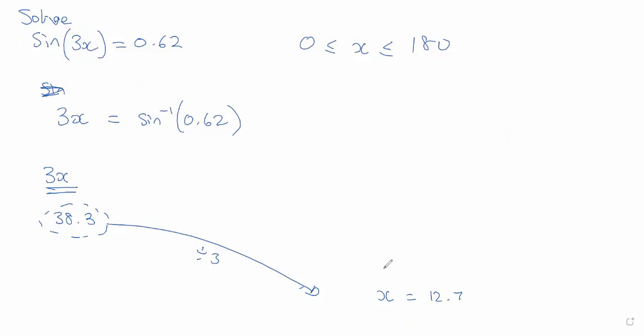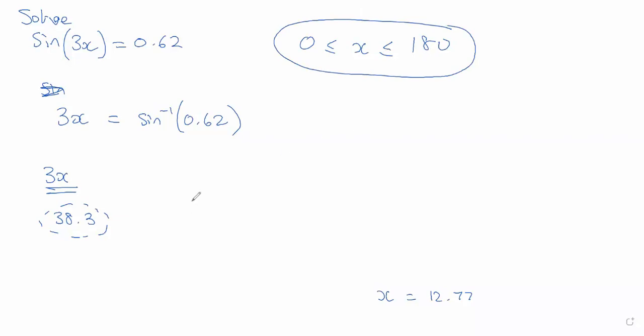The reason I'm making a point of this is that it doesn't make it easy to know which answers you want here. If you got an answer which says 200, the mistake you'd make on first glance is to think, oh, 200 is outside of 180. But no, if you divide it by 3, it is going to become inside 180.